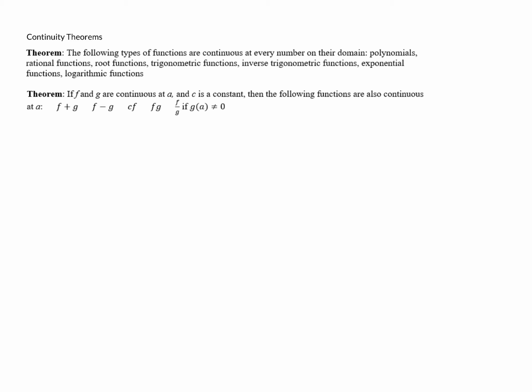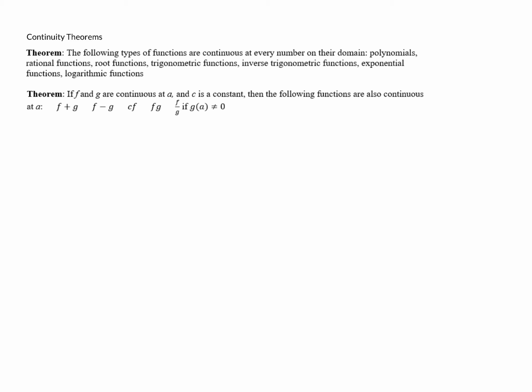This one says, if f and g are continuous at the number a, and c is a constant, then the following functions are also continuous at a. And we have f plus g, f minus g, a constant times f, f times g, and f divided by g, so long as the denominator is not 0 at that value a.